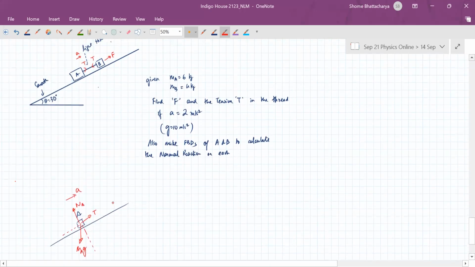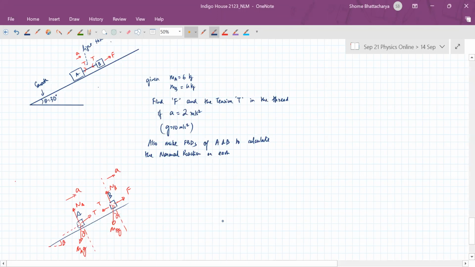Similarly, if you see the block B, the forces acting are the external force acting parallel to the inclined plane, tension, normal reaction, and weight. This angle being theta, here these angles are theta.